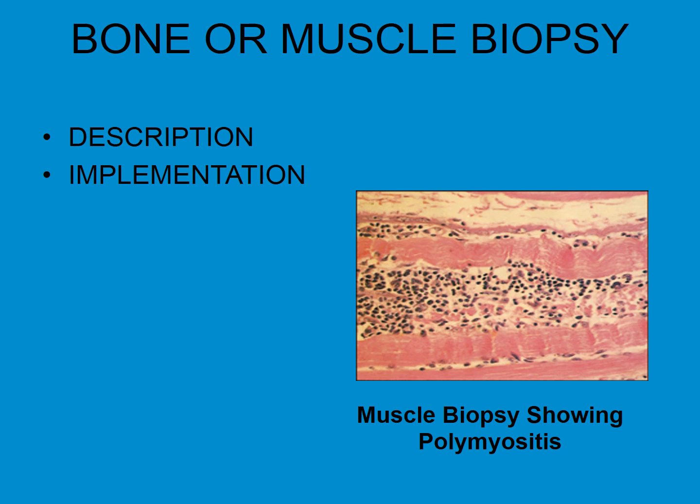We tell the client to elevate the site for 24 hours following the procedure to reduce any edema, and apply ice as prescribed to prevent any development of hematoma, and monitor for signs of infection. Also inform the client that mild to moderate discomfort is normal, usually following the procedure. Next slide.